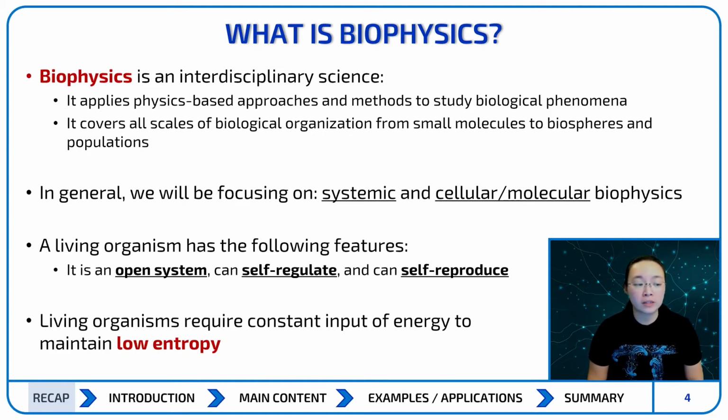One of the take-home messages is that a living organism requires a constant input of energy in order to survive. To survive, we have to maintain a low amount of entropy, because everything usually tends towards a state of higher entropy, which would produce complete disorder.